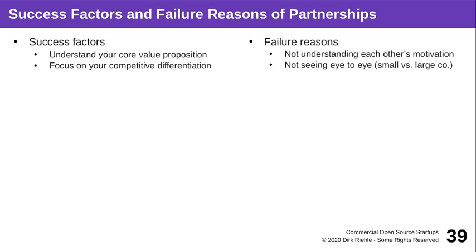A typical example is a small, nimble startup which wants to work with a large company. The thinking of people in large companies is so different from a startup's. The time frames in which they think are so different that the startup may have run 3 laps around the track already while the large company is just getting started.